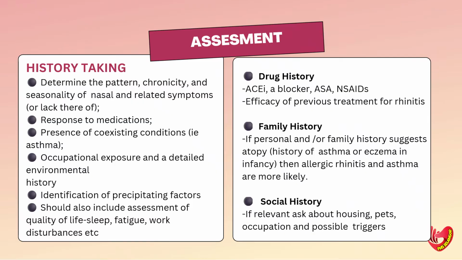Identify triggers such as weather changes, odors, or smoke, and assess the impact on quality of life, including sleep and daily activities. Review medications, noting any that may worsen symptoms, and explore family history of atopy. Lastly, consider social factors, including housing condition, pets, and lifestyle to identify additional triggers.